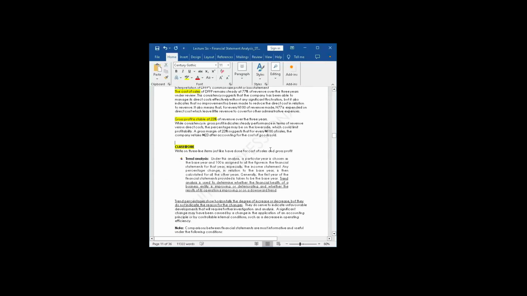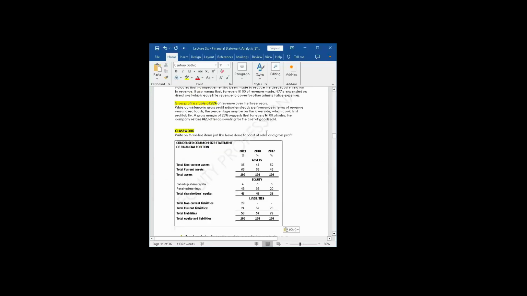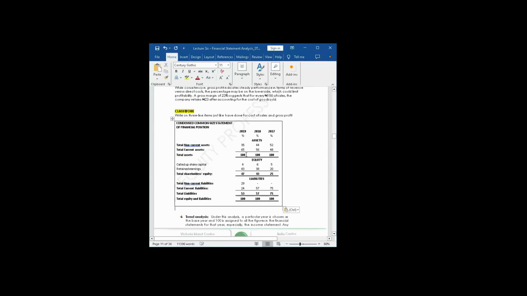Okay, so I now want to show you the common size of the financial position. So here is the thing about the financial position.